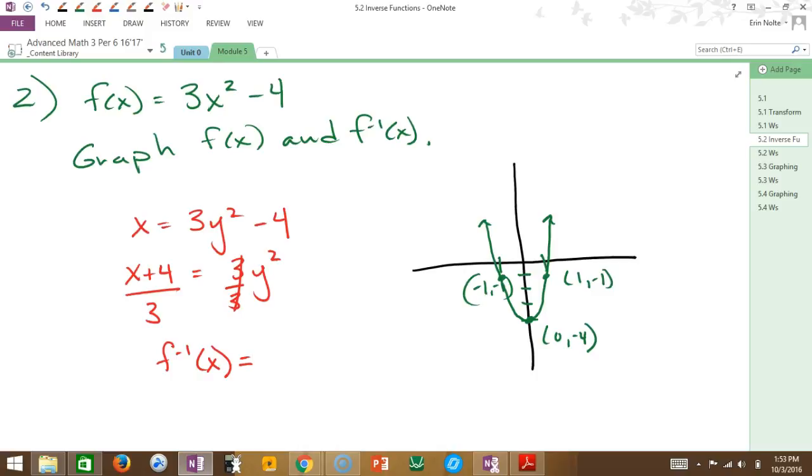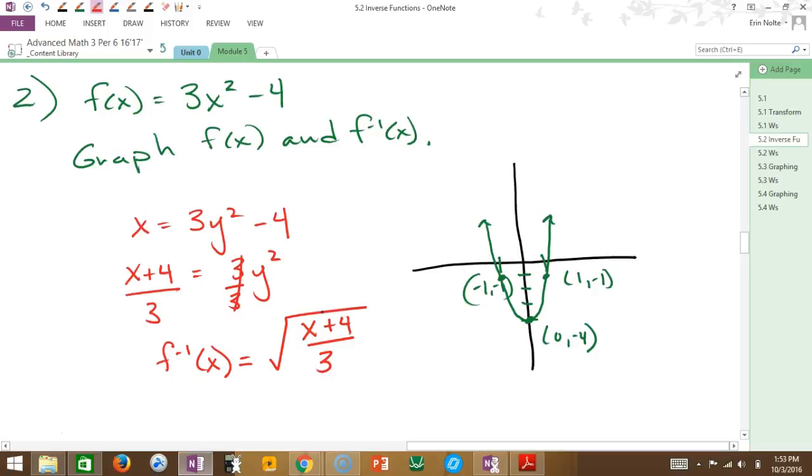So I added 4 divided by 3. What's my last step? Right. So my last step is to take the square root, right? So my inverse function is the square root of (x plus 4) over 3. Did anybody else get that?